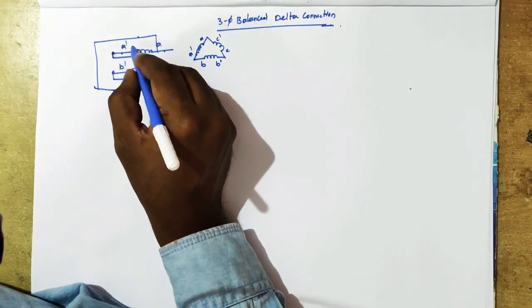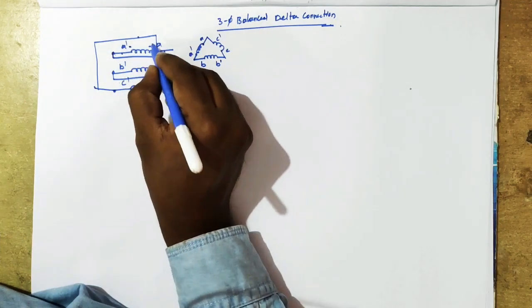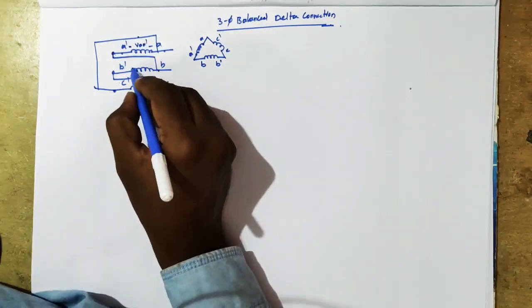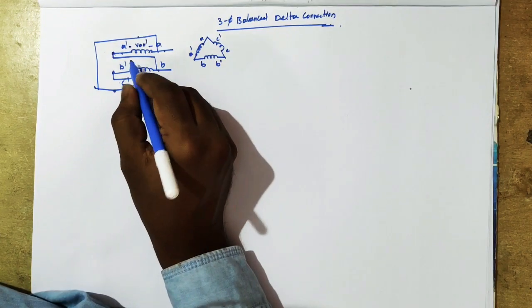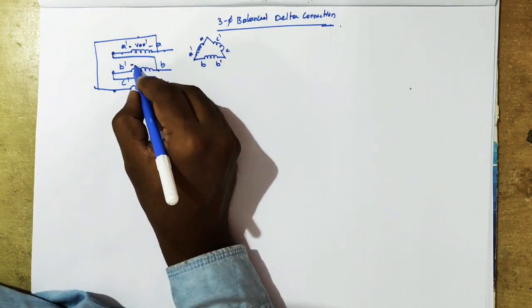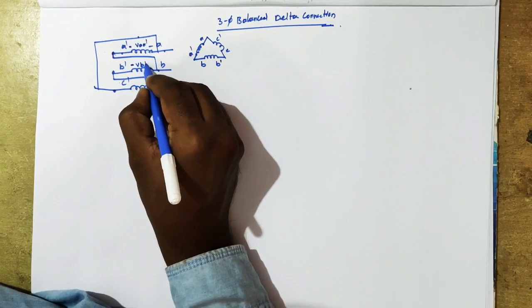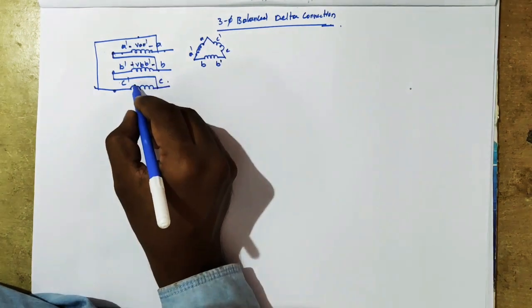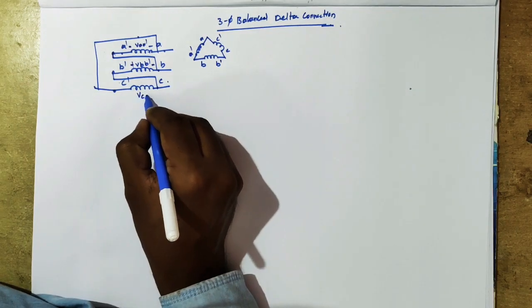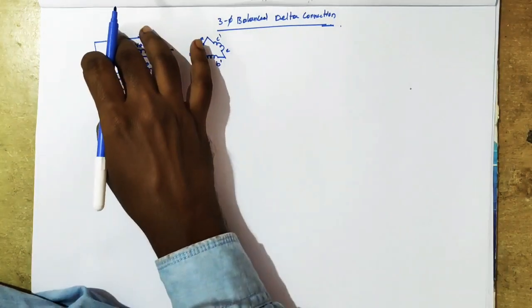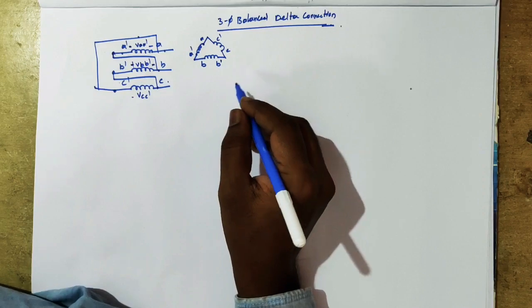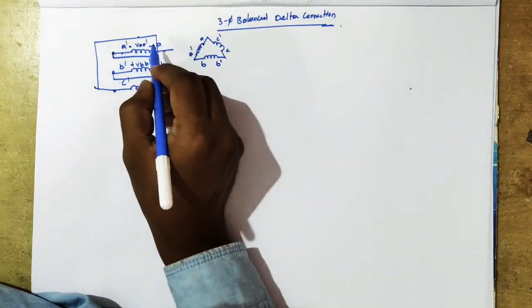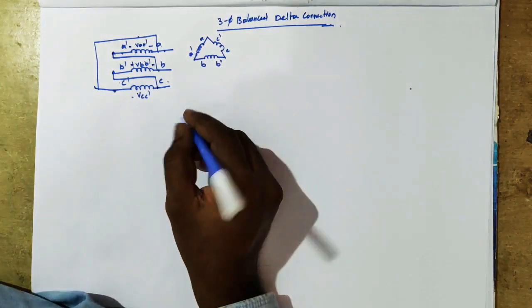The voltage developed across this terminal is, let us say, VA A dash, across this is VB B dash, and the voltage across this is VC C dash. So the voltage obtained across each winding will be represented in delta form.